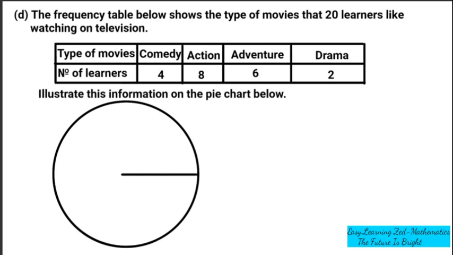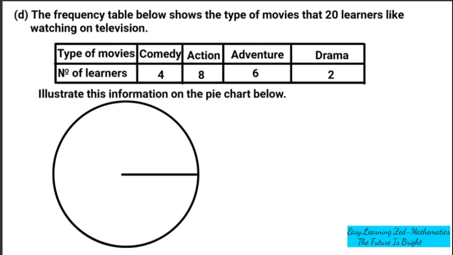Okay, so when you look at the numbers, this is just presenting the reality of movies, the true picture of movies learners enjoy. When you look at action movies, as you can see, it has got a higher number.